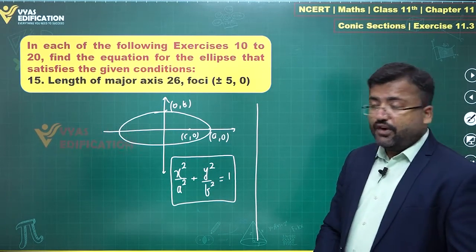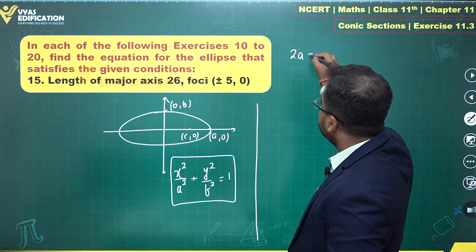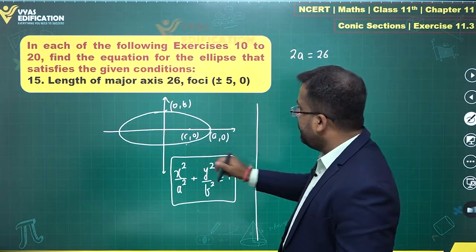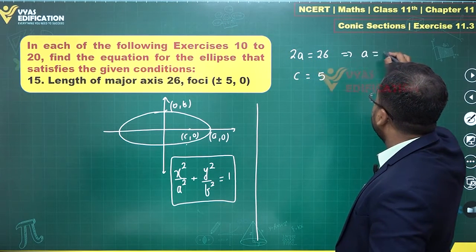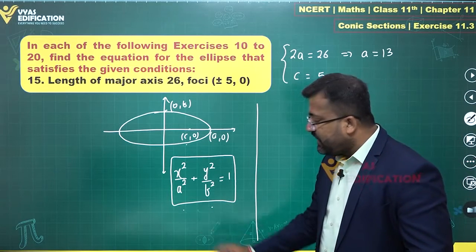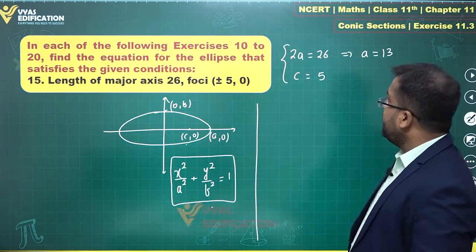For this equation we are also given that the length of major axis is 26, that is 2a is equal to 26, and foci being plus minus 5 comma 0, we have c is equal to 5. This further tells me that a is equal to 13. The two things that we need are a square and b square. We have a, we can write a square. What about b?